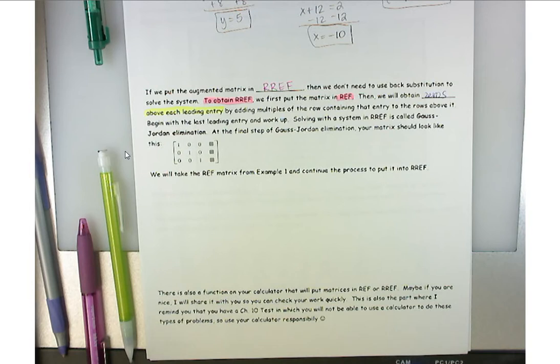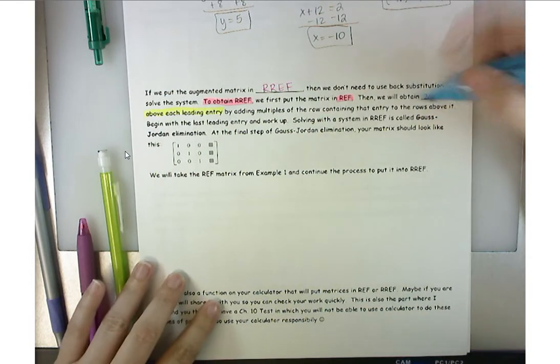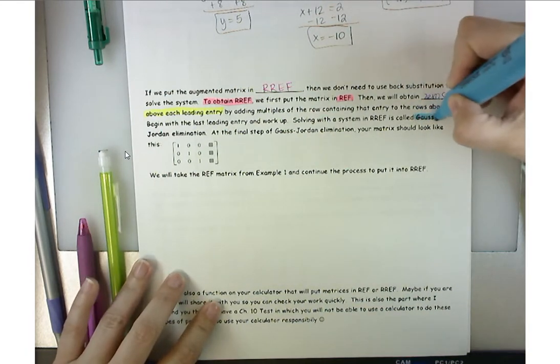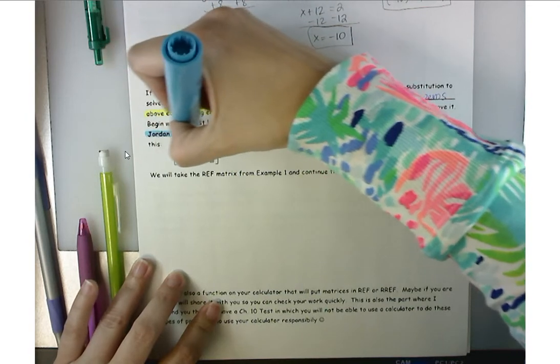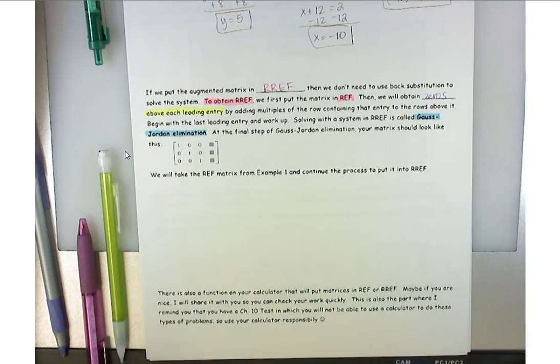We'll go over what that looks like. You begin with the last leading entry and work up. Solving a system that's in reduced row echelon form is called Gauss-Jordan elimination. They're sharing the credit for that.